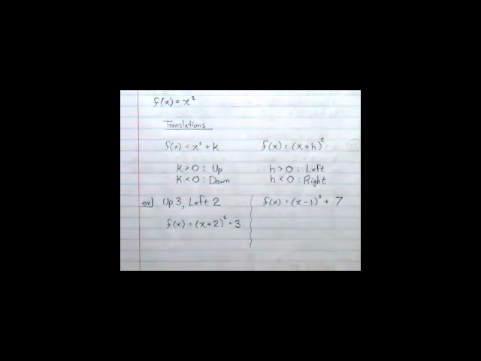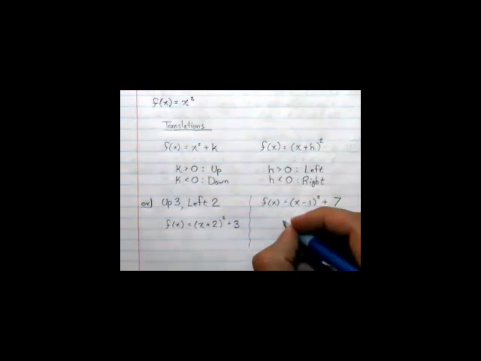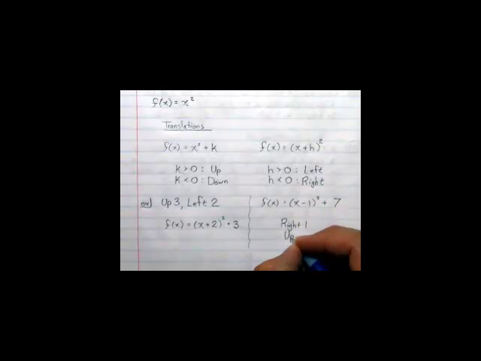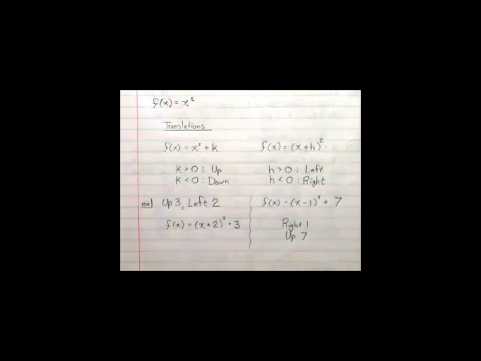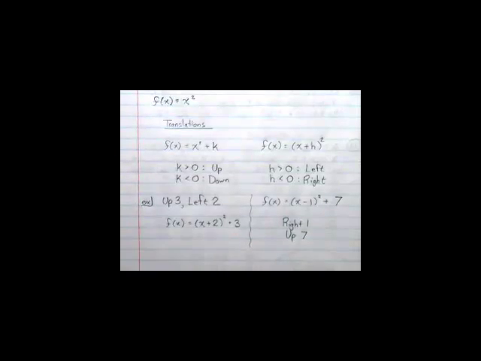All right, so it's going to go to the right 1 and up 7. Okay. Feeling okay with translations in general? Those tend to be the easier ones. Okay. Let's talk reflections next then. Make sure we're still on board with that.